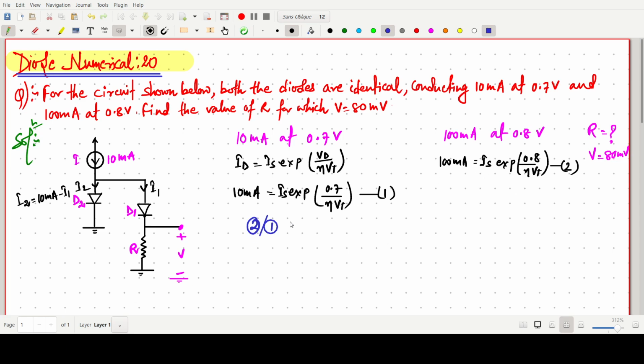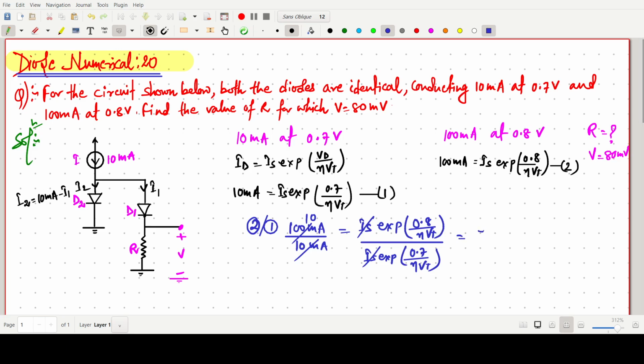So 2 by 1 gives 100 milliampere by 10 milliampere equals IS exp(0.8 by eta VT) by IS exp(0.7 by eta VT). IS cancels, and it should be simply 10.